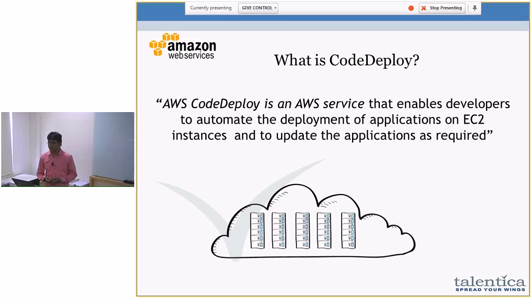Is it a paid service? No, it is a free of cost service. And on-premises instances, we can integrate other instances which are not in AWS, but it has a cost of $0.02 per instance.